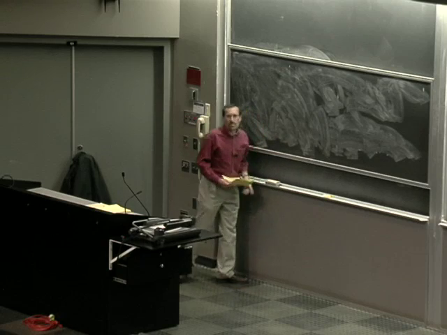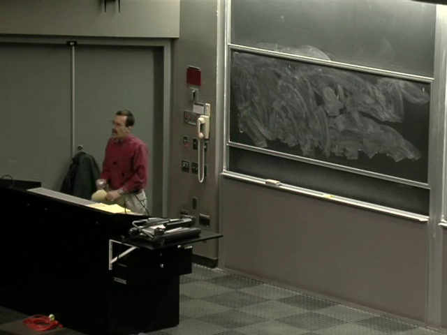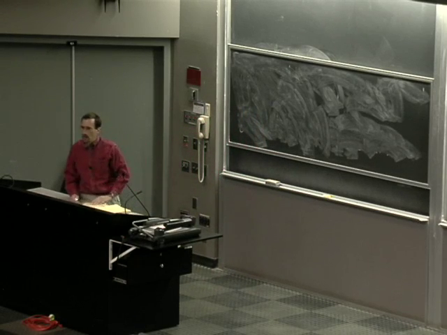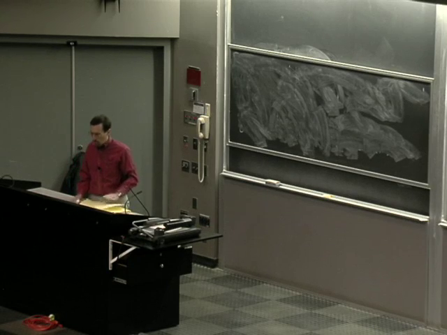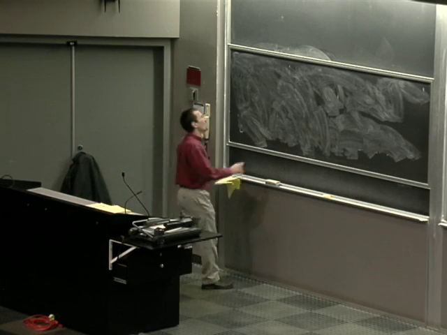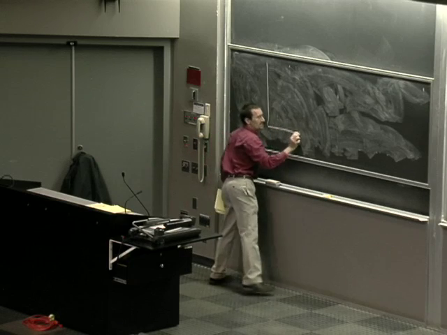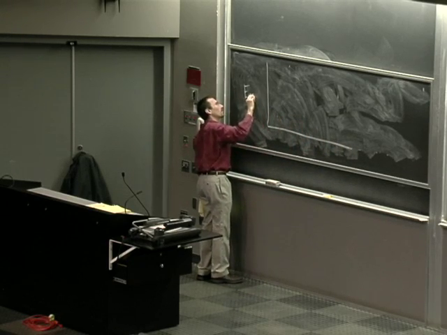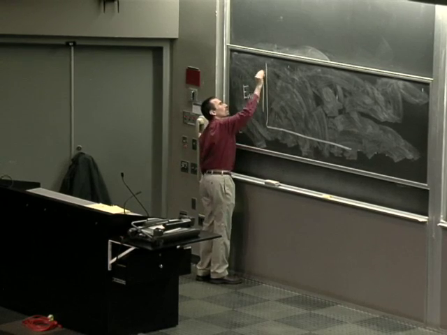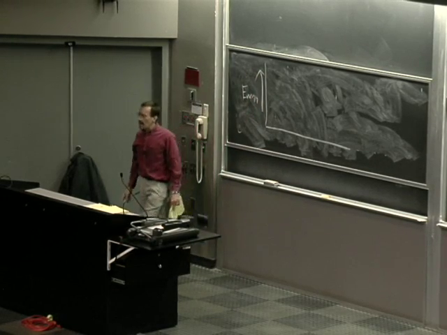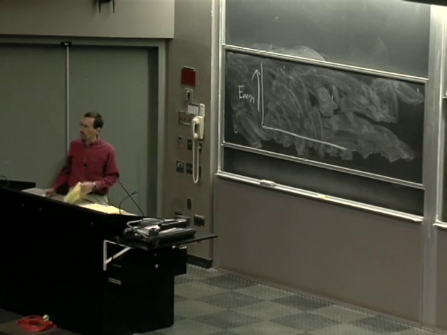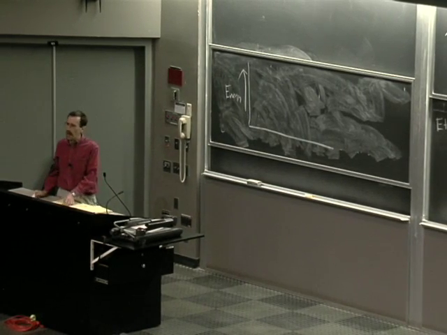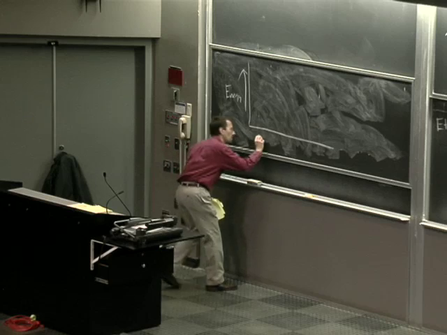So let's imagine an energy diagram, and I'll just draw a diagram like we've done in the past, where on our y-axis we have energy, and on our x-axis we have the reaction coordinate, that progression from reactants to products.